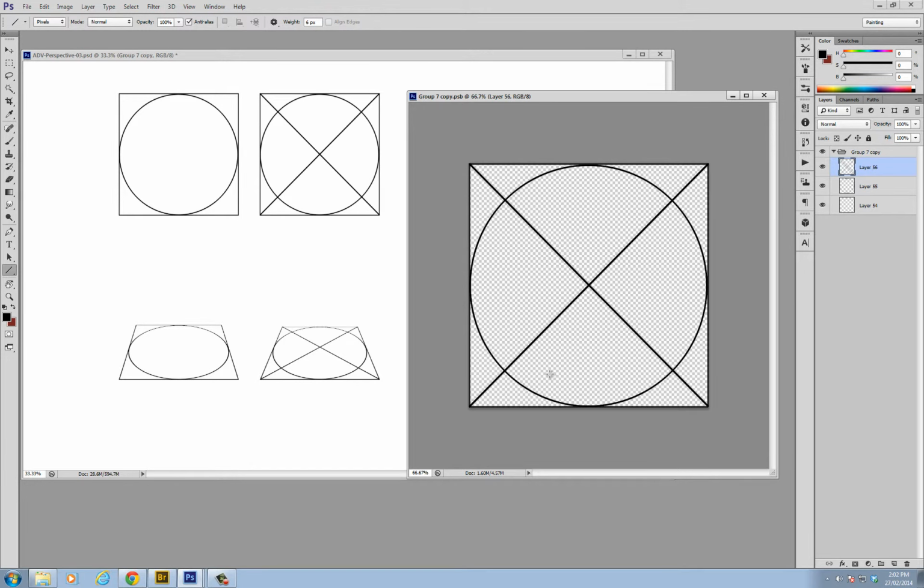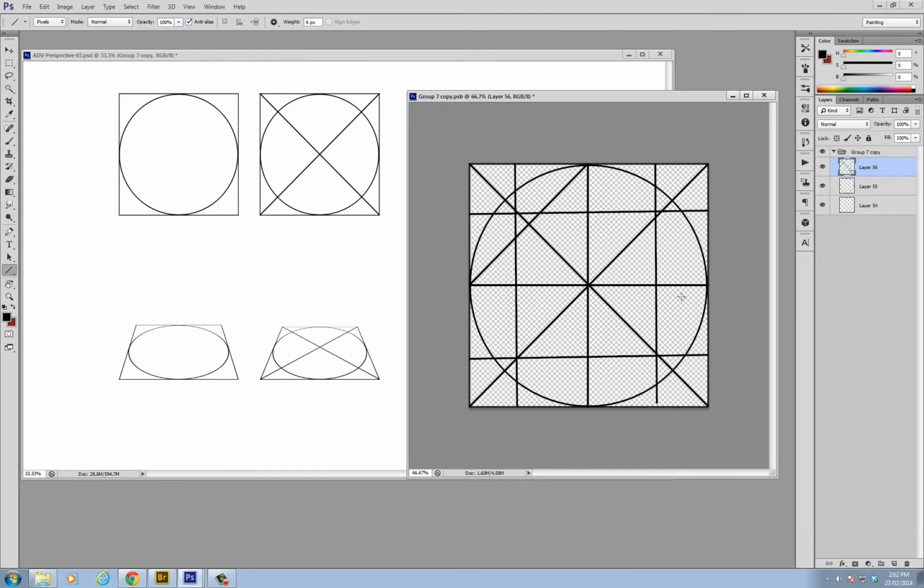So one way to do this, and probably the most accurate way, is that we want to divide this up. We want to basically get equal squares around the edge, like this.